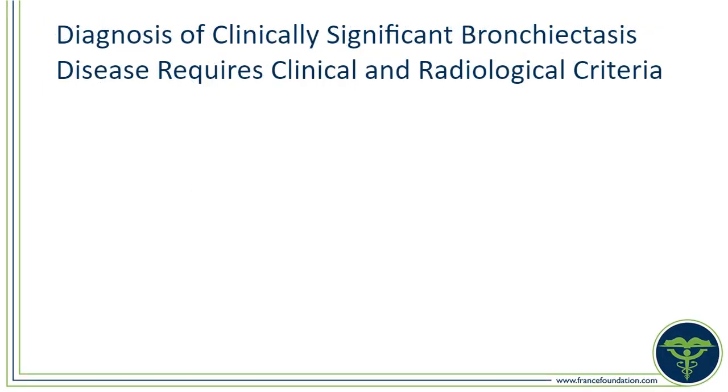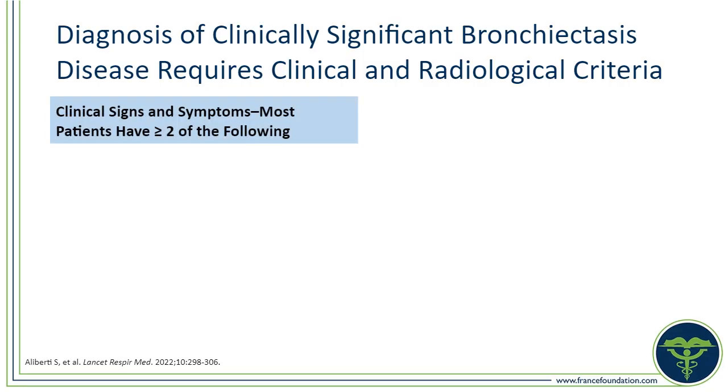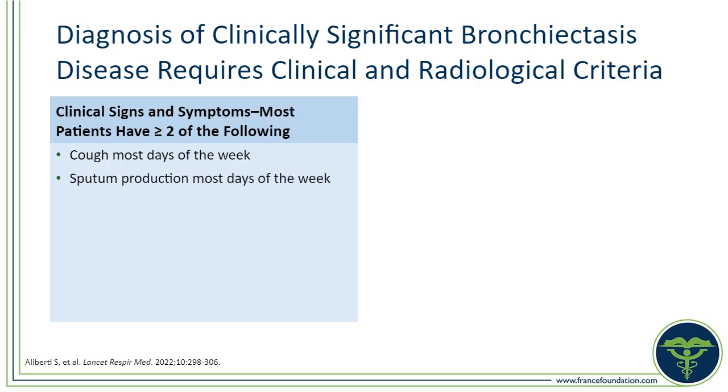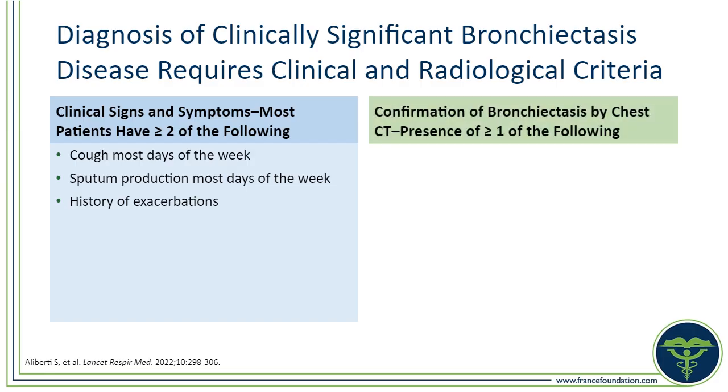The diagnosis of clinically significant bronchiectasis requires clinical and radiologic correlation. Clinical signs and symptoms, you have to have two of them, either a cough for most days of the week or sputum production that occurs most days of the week, or a history of exacerbations. From a radiologic perspective, we have to have confirmation of bronchiectasis on chest CT with the airway to artery diameter ratio.